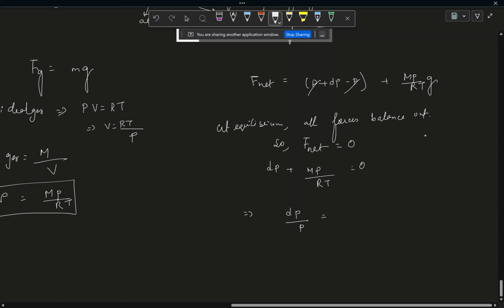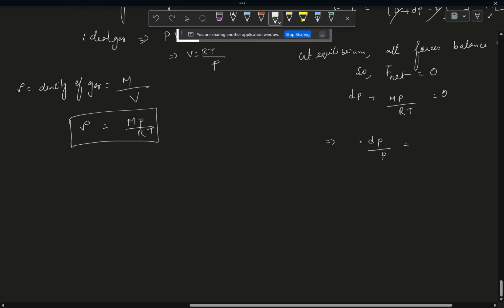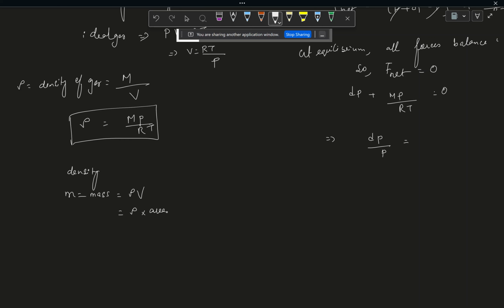Let me check once again. I missed another part because I was talking about density only. So rho is the density, and we have to calculate the mass. Mass is equal to density times volume. For volume you have to take area into the thickness, or in this case the height difference in that column.